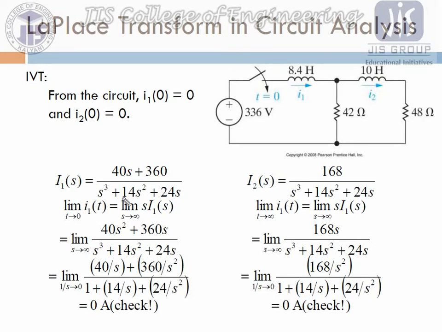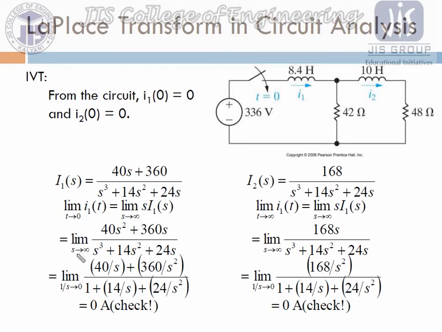For this first function, if time t tends to 0, obviously s tends to infinity, and if t tends to infinity, obviously s tends to 0, right? So for the initial value theorem, as t tends to 0, I of t is the limit as s tends to infinity of s times I of s, right?